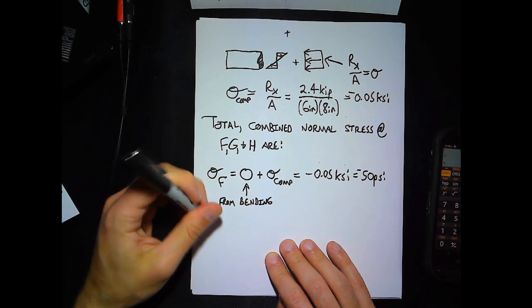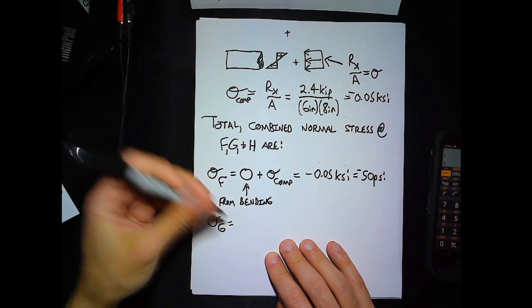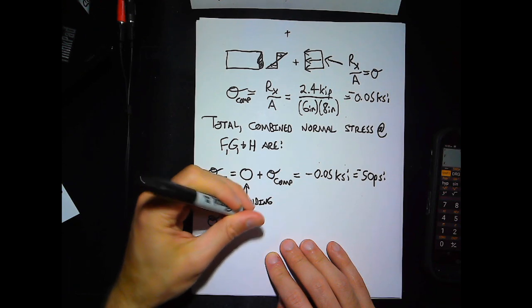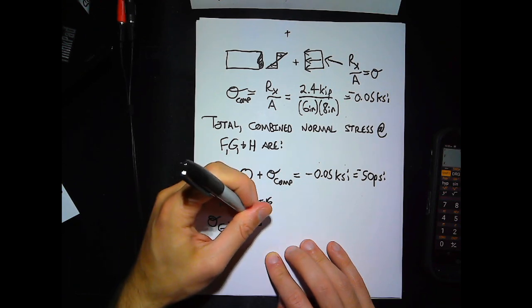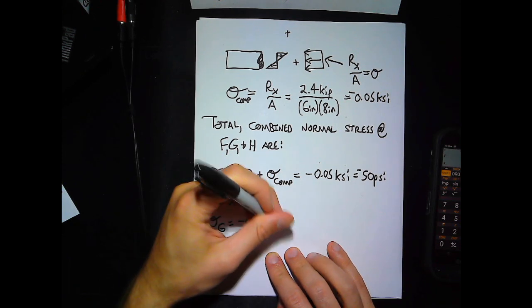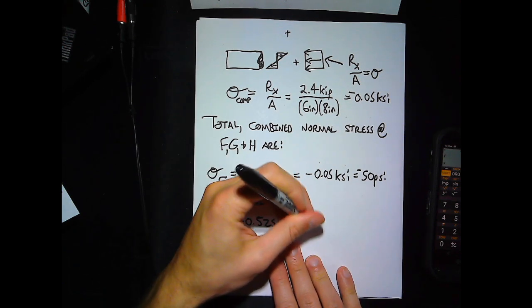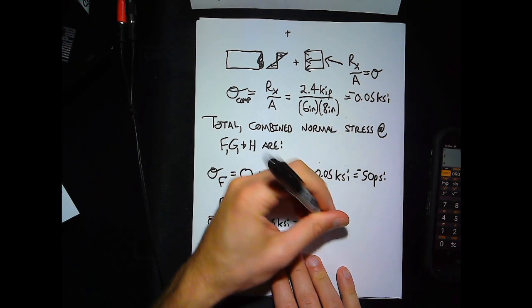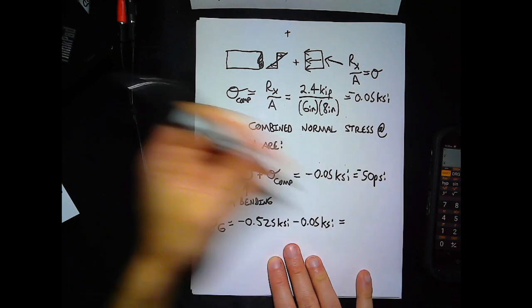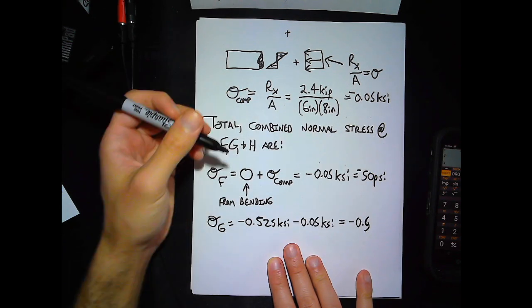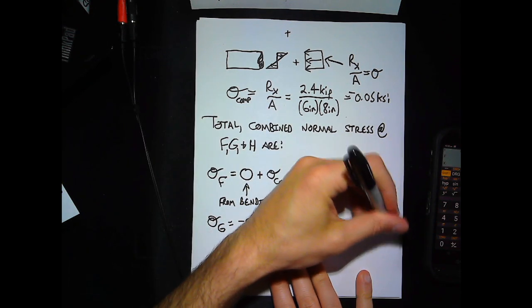At G, from bending is negative 0.525 KSI minus the uniform compressive stress, that's negative 0.05 KSI. So that's negative 0.575 KSI.